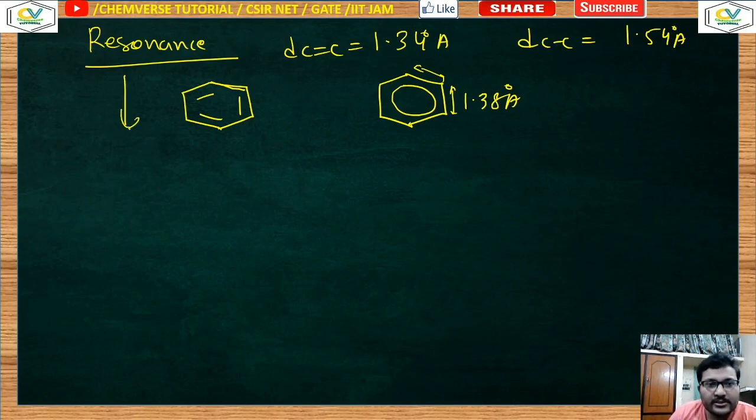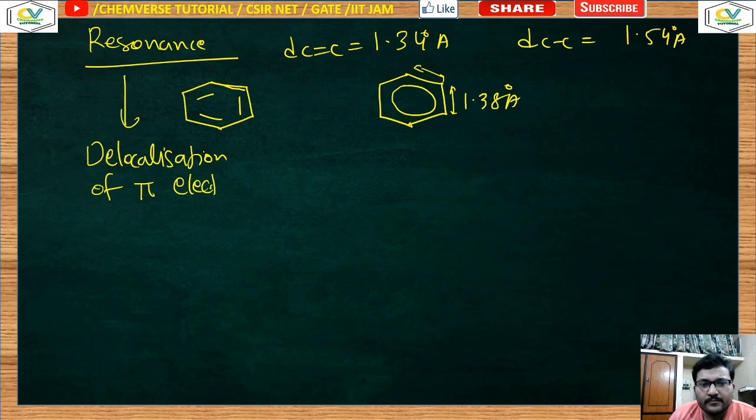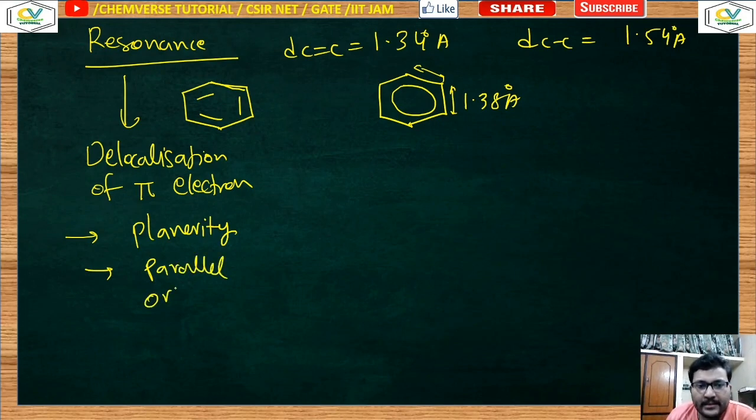Resonance is nothing but delocalization of your pi electron. And what is the condition for resonance? The condition is planarity and parallel orbitals. Only these two conditions are sufficient to describe resonance.